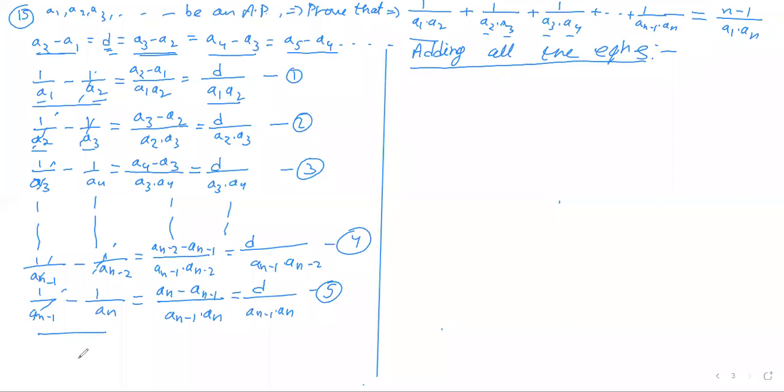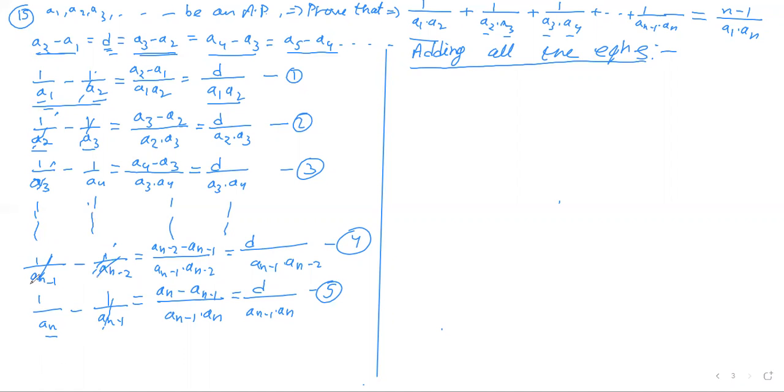We have to write an minus 1 actually. Again an minus 1 cancelled out, and before this an minus 2 and an minus 3 cancelled, and similarly all the terms will cancel out except the term at the end, 1 by an, and the first, 1 by a1.